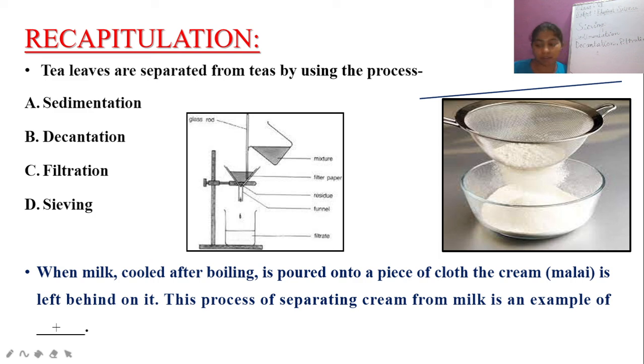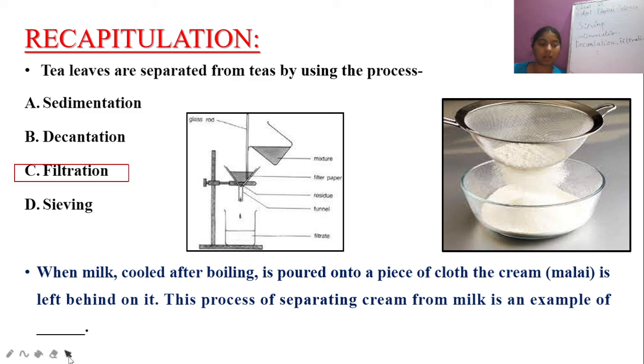You have some options A, B, C, D. Which process will you use for separating the tea leaves from the tea? Yes, very good students. What do we use? We use the filtration process, right? So C is the correct answer.